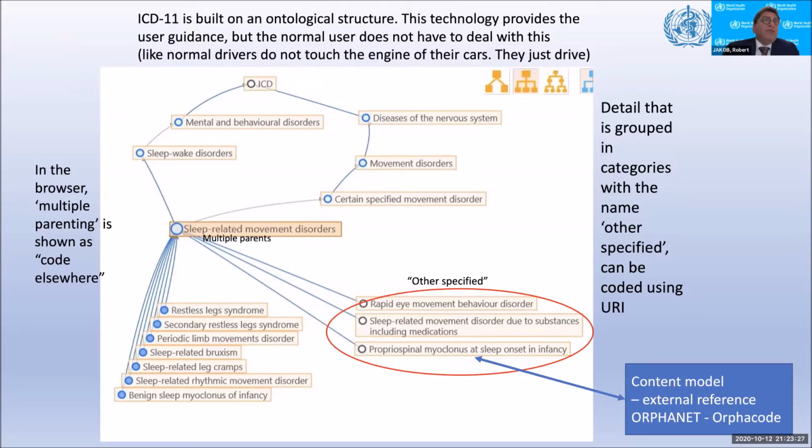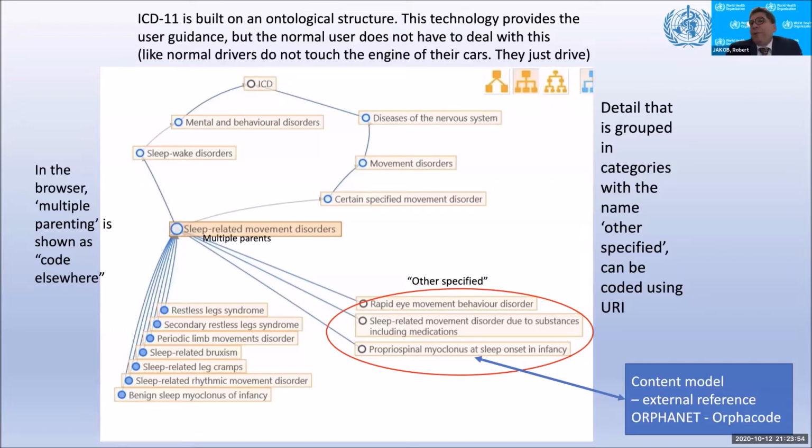And on the other hand, you see here these things that are below the sleep-related movement disorders that are blue, fully blue-filled entities. So these are the ones that get statistical codes. And then you have the other ones that have no individual codes that essentially are lumped together statistically into other specified. But for individual case documentation, they will still be necessary.